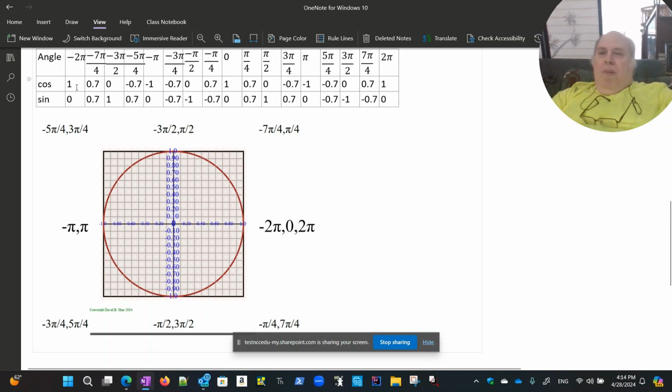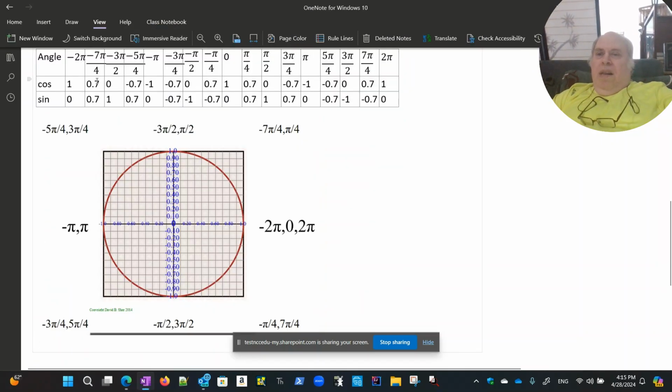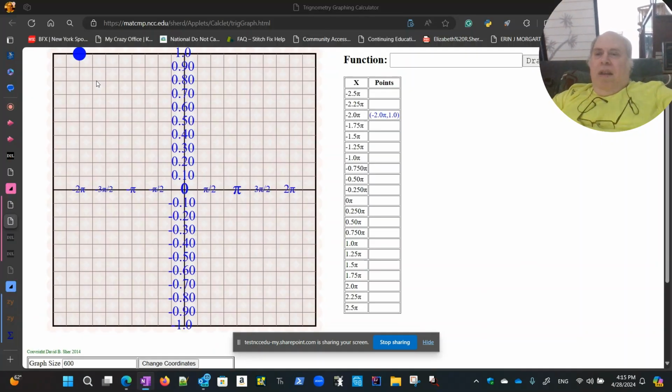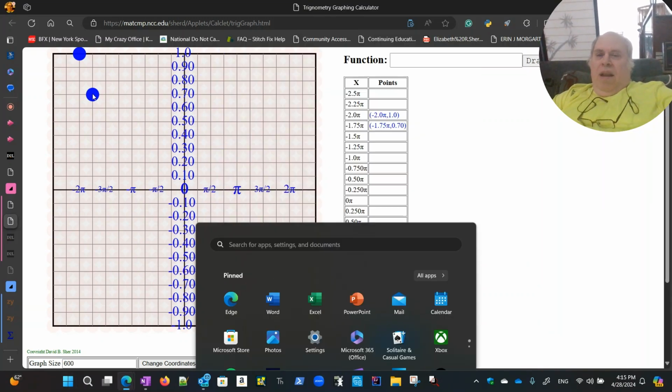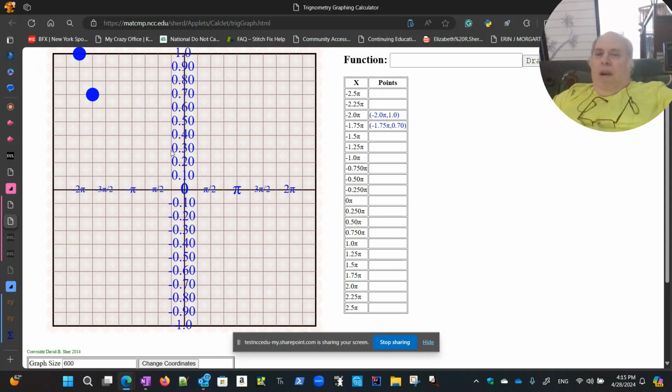At -2 pi, it starts at 1. Then at -7/4 pi, which is right here, it goes to 0.7. This is all what's happening in the circle, right? So -2 pi to -7/4 pi. Now the x value is going to go to 0.